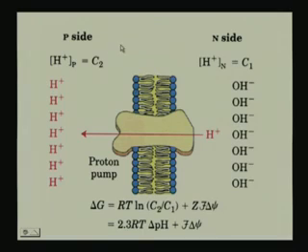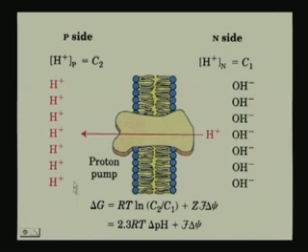So, we have a P side and we have an N side. The N side is the negative side. Okay? Where is this N side? It is the matrix of the mitochondria. Where is this P side? It is the intermembrane space of the mitochondria.